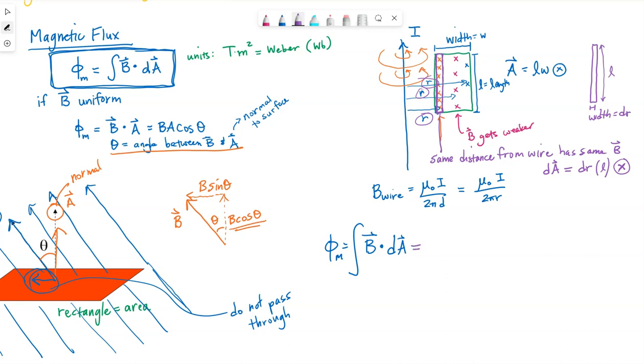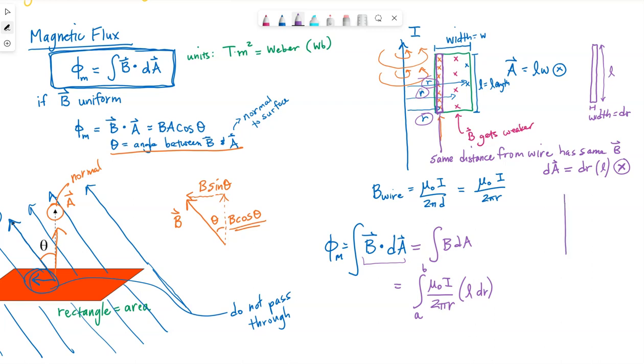What I need to do is to plug that in. Since B and dA are parallel, we're going to get the integral of B dA, just the magnitudes, because the angle between them is 0, so cosine of 0 is 1. I need to put in my equation that describes the strength of the magnetic field, and then my dA. The dr needs to represent a range from some distance.